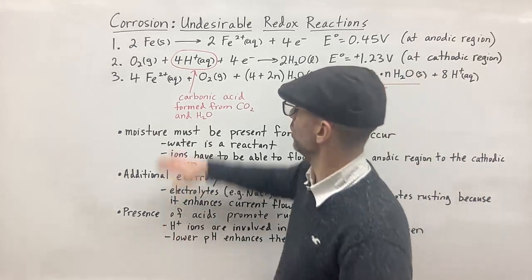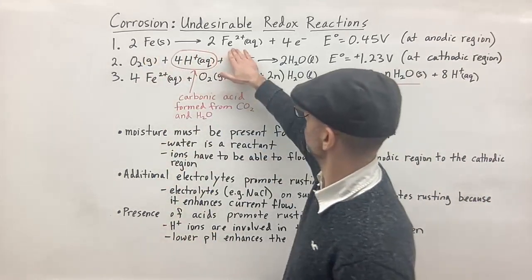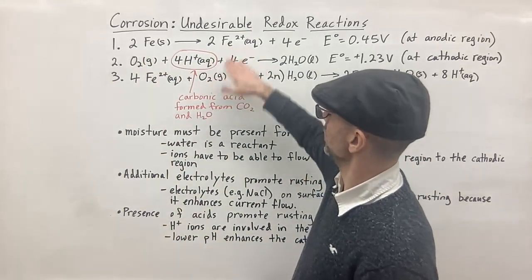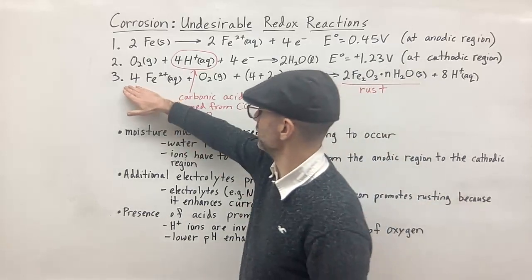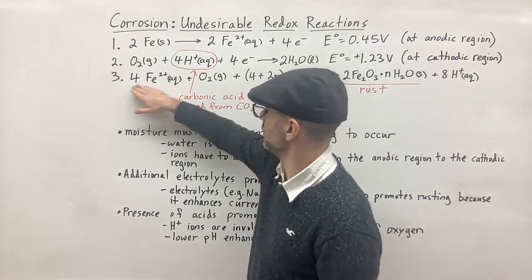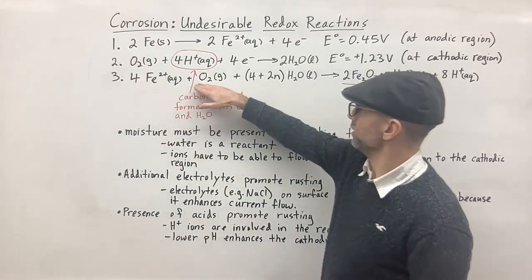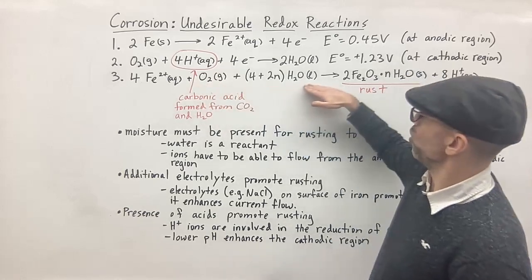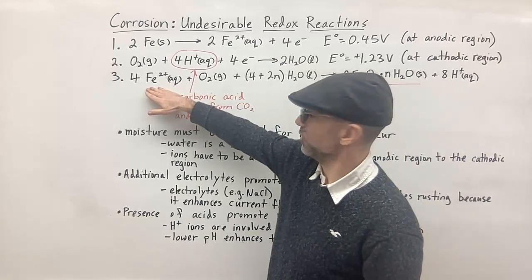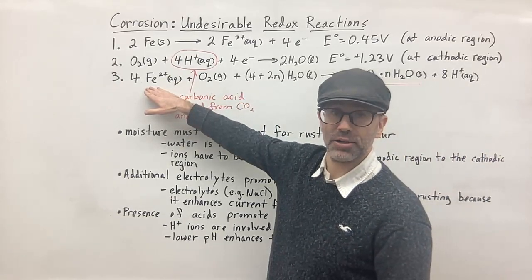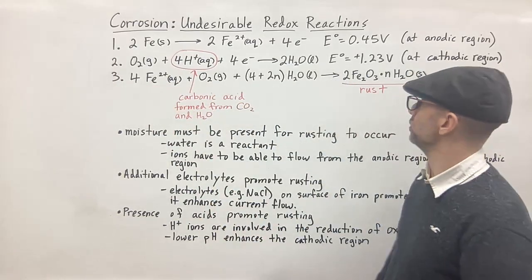And so again, this is happening at the cathodic region. And then what you have happening is the iron ions can then travel as well to the cathodic region. And so you've got the iron 2 plus ions reacting with oxygen and water together. That's going to further oxidize the iron from iron 2 plus to iron 3 plus.